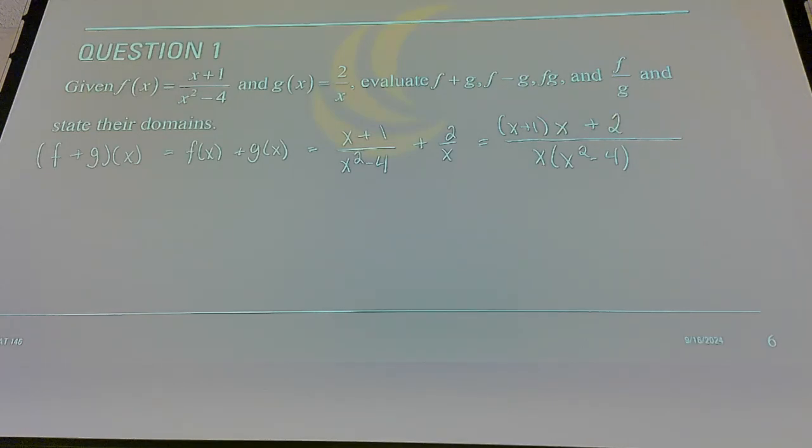What about the second? So what do you have to multiply the second term's denominator by to get our least common? X squared minus 4. Means you're also multiplying the numerator by x squared minus 4. Now it's just a matter of simplifying.